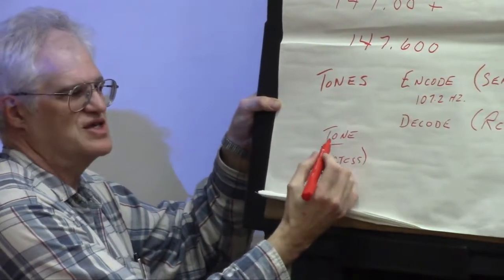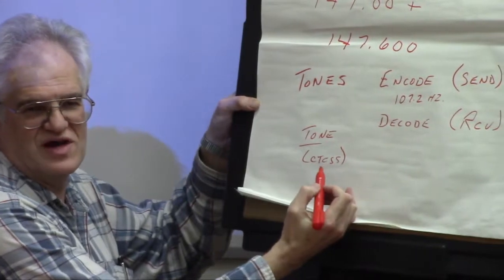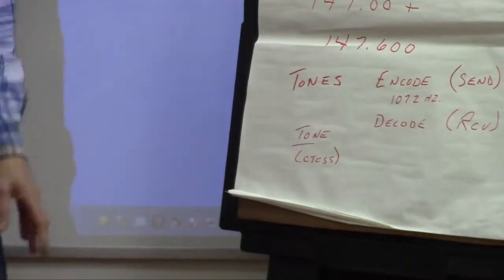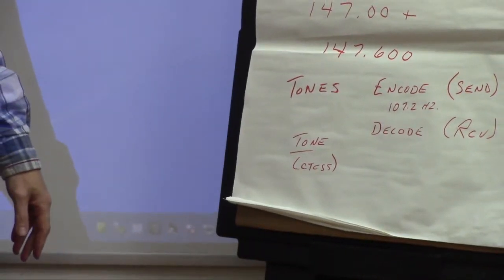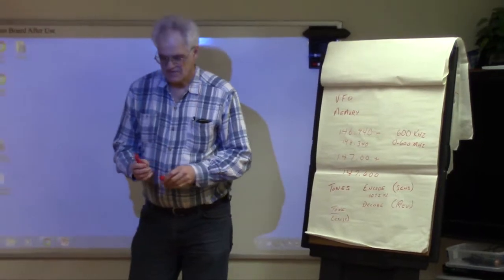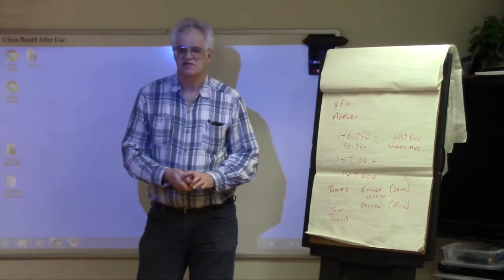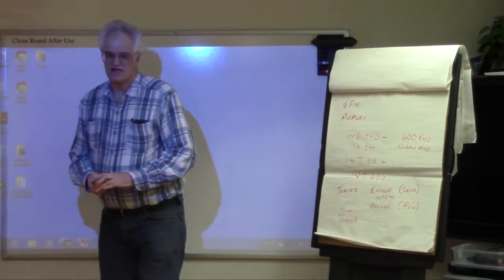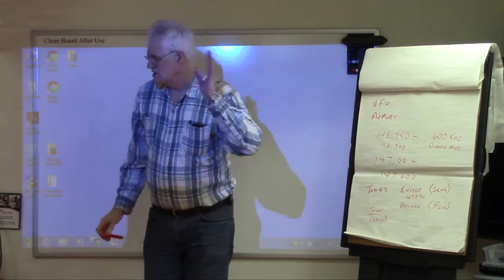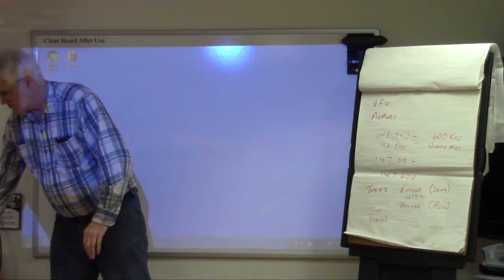And that means you're basically encoding and decoding as well. That's a function sometimes you use. Sometimes you start getting interference, and you may want to set your radio to decode. But it's a matter of preference in most cases.